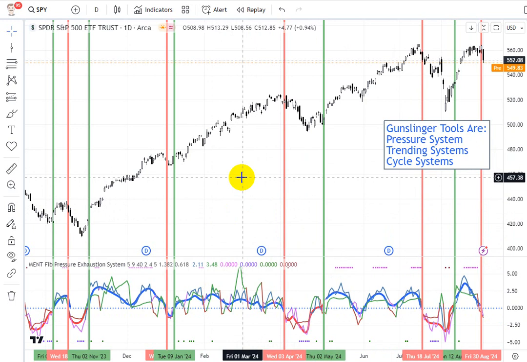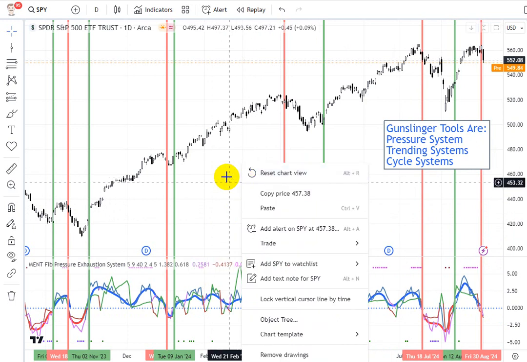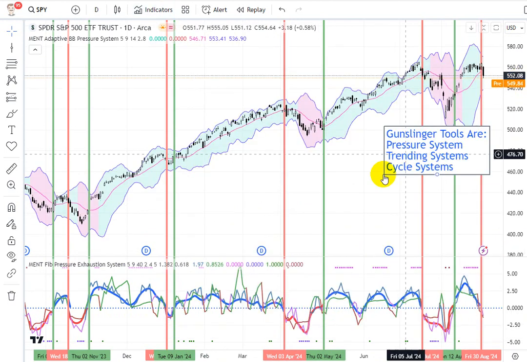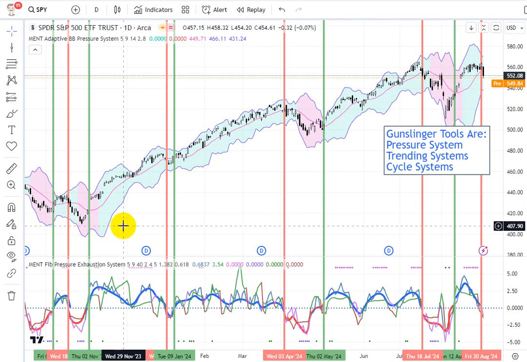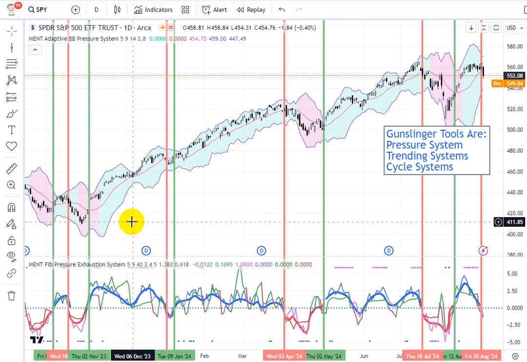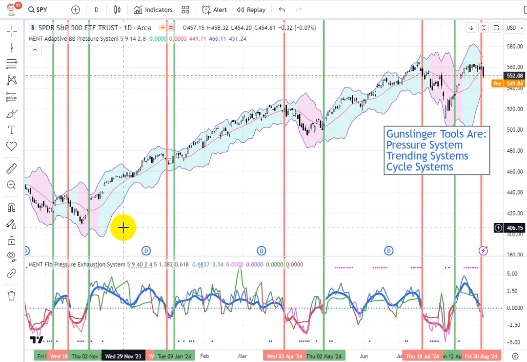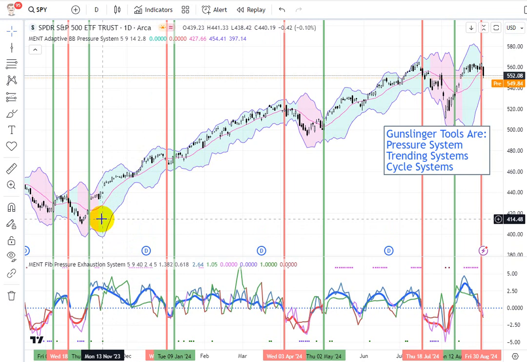Okay, now next we're going to come in here and add the adaptive Bollinger Band system. The Bollinger Band system uses a couple of things. Not only does it use the pressure indicator, it uses the anchor bar theory, it uses Bollinger Bands. And what this is really trying to do is show you confirmed types of price trends.